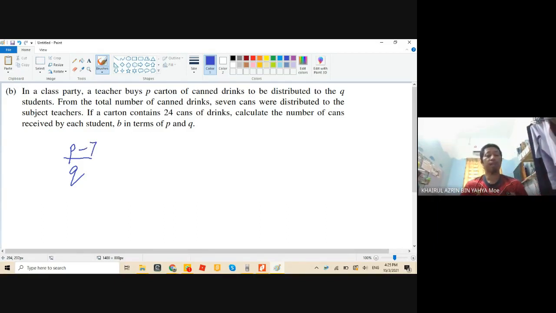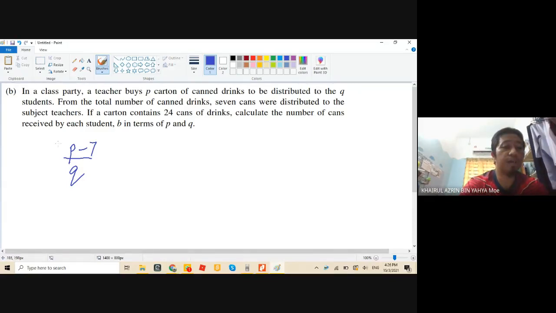Okay. So if one carton contains 24 cans of drinks, and the number of cartons is P. P is the number of cartons. One carton, 24 cans of drink. So if P cartons, how many?